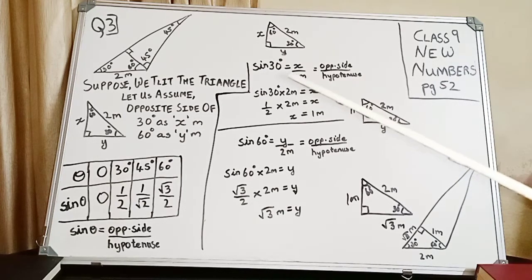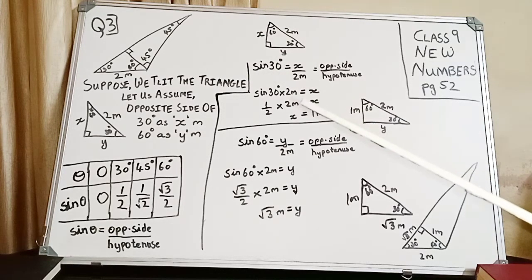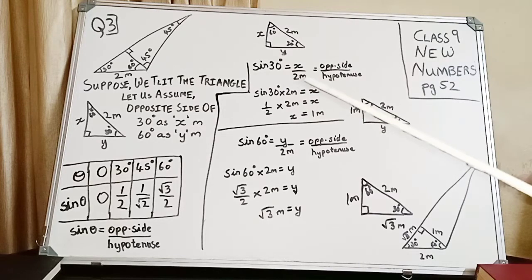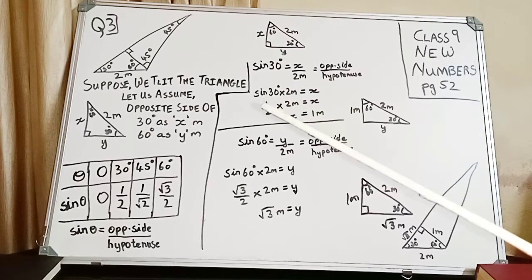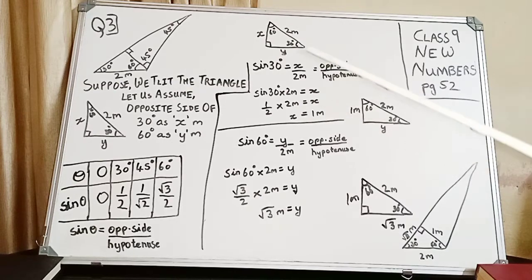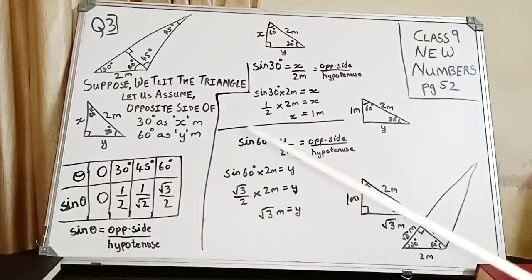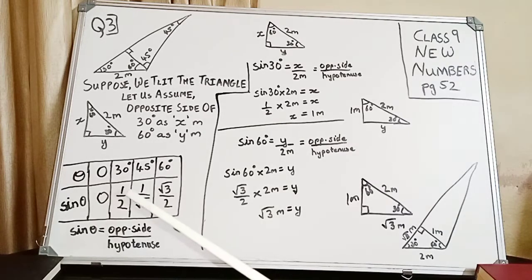When this 2m is taken to the opposite side of the equal to, this division becomes multiplication. That is why sine 30 into 2m is equal to x. Now x we are not aware of, but in this table you can see sine 30 is already mentioned, it is half. That is why instead of sine 30 we will be substituting this value from this table, provided you have learned this table by heart.